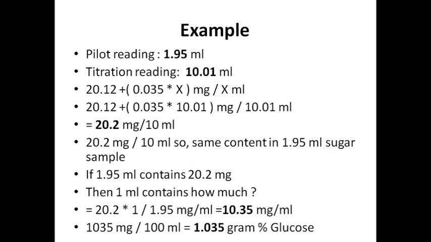It will be equal to 20.2 into 1 upon 1.95 milligram per ml. So it will give 10.35 milligram per ml. And if we convert this into gram percent, it will be 1.35 gram percent glucose.